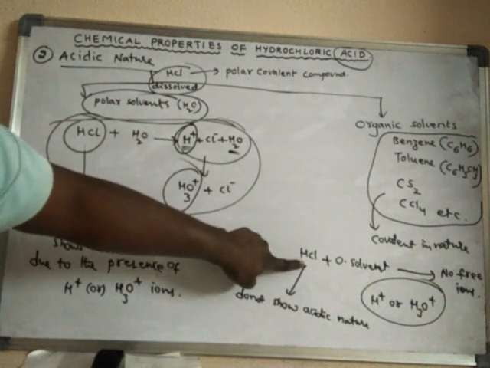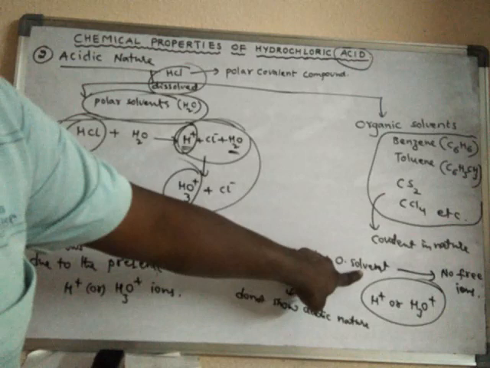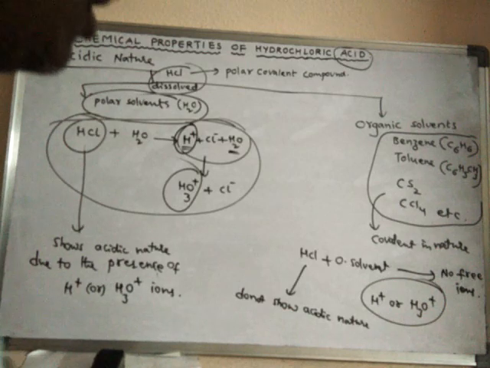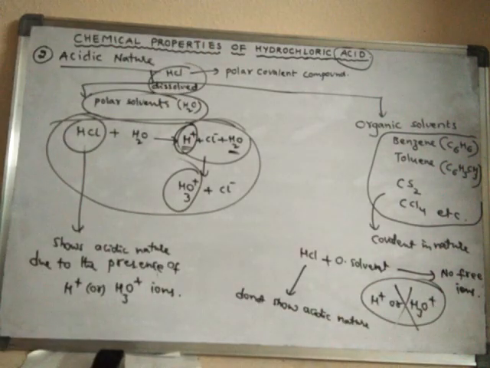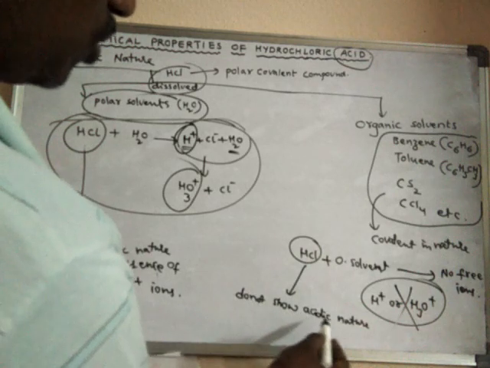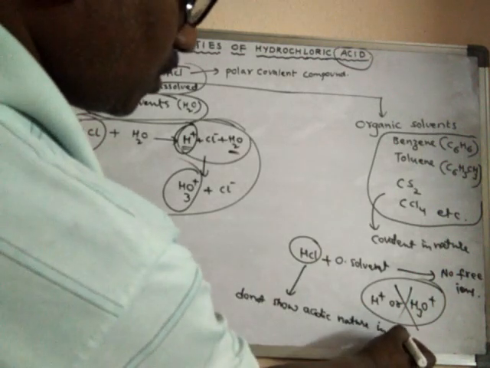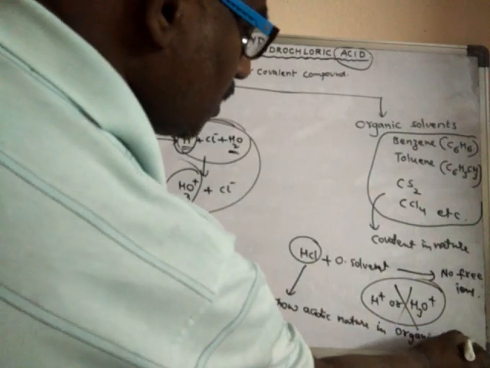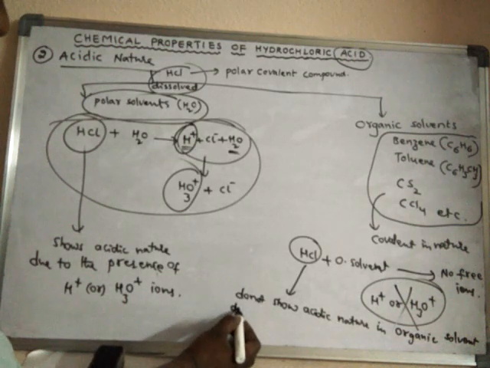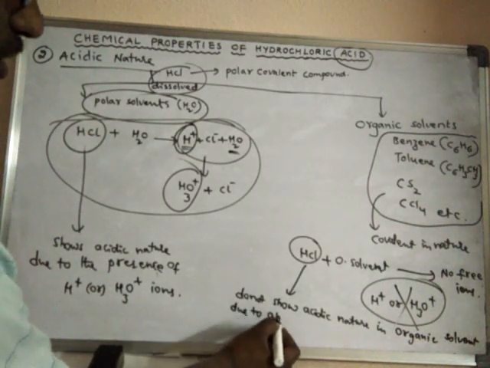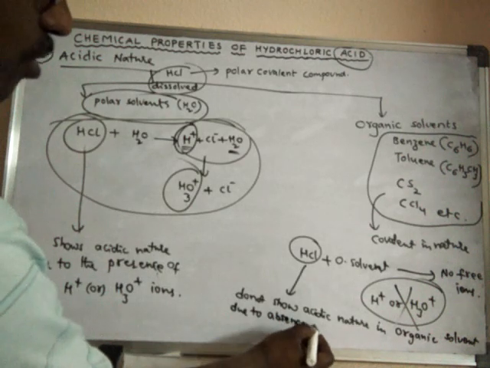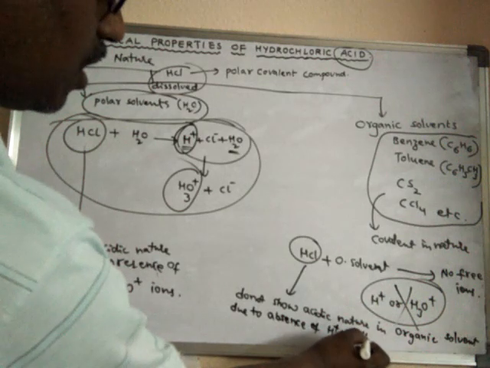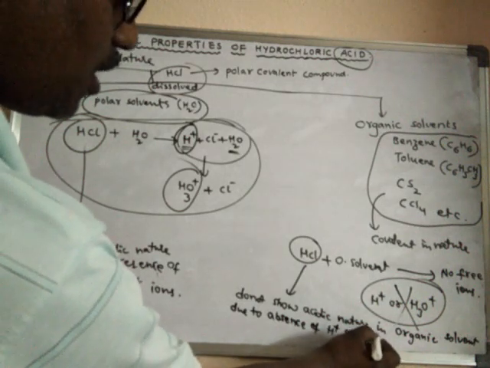The same hydrochloric acid, when dissolved in organic solvents, forms no free ions. Hence HCl does not show acidic nature in organic solvents, due to the absence of H plus or H3O plus ions.